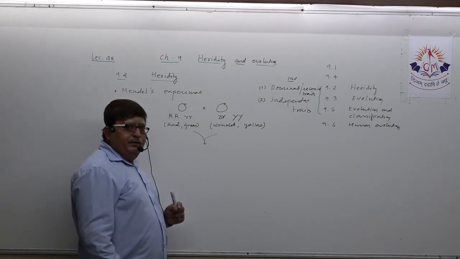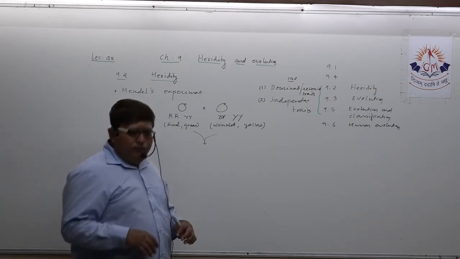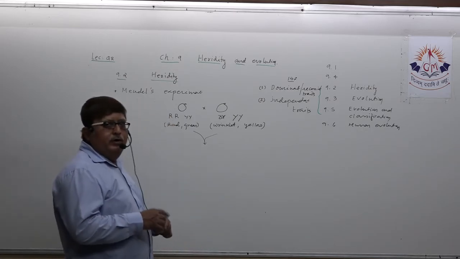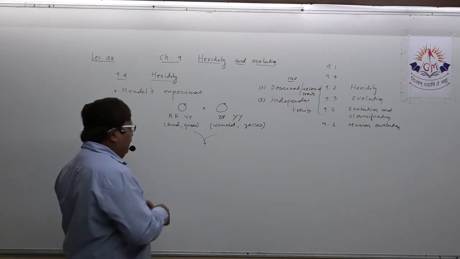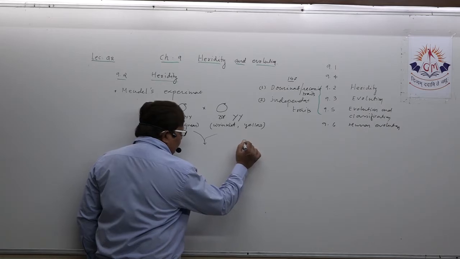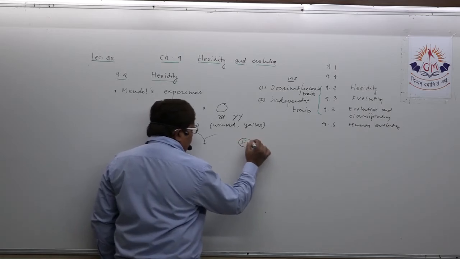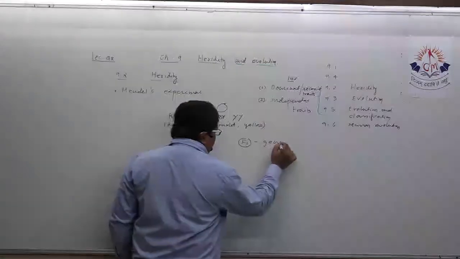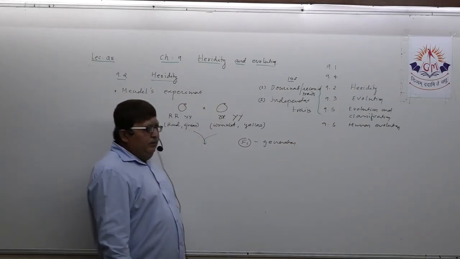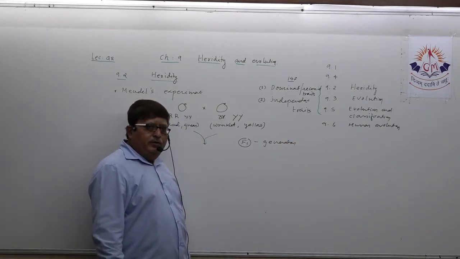RRyy, rrYY. So what happened in the first generation? As you all know, dear student, in the F1 generation one thing is sure to happen, that one will be the dominant trait and one will be the recessive trait.